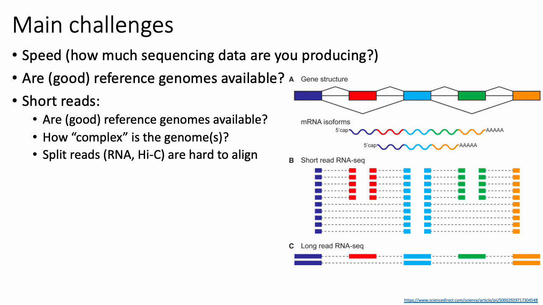Alternative splicing with short reads is a huge problem, because when you're trying to characterize alternative splicing with RNA sequencing, you want reads that map over junctions between exons, because single reads that span multiple exons tell you which exons get spliced together.